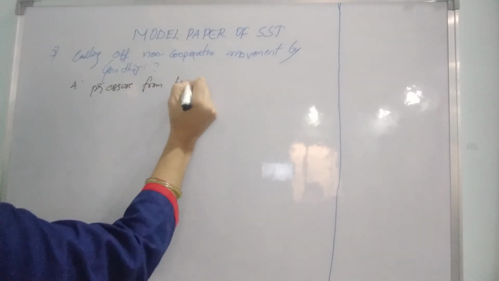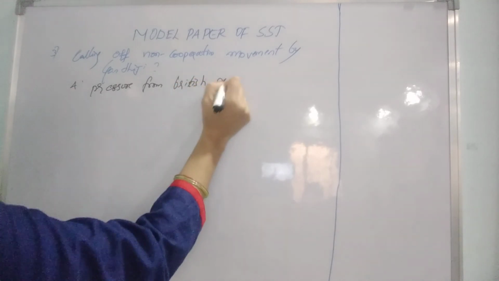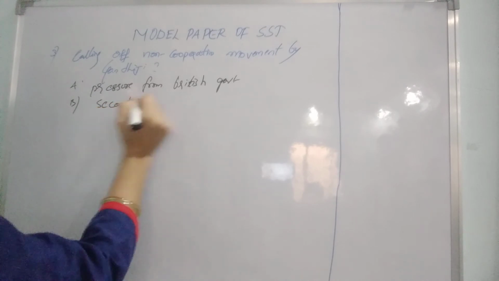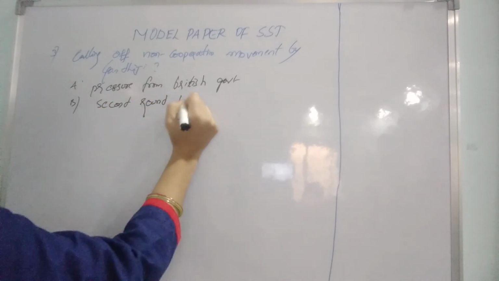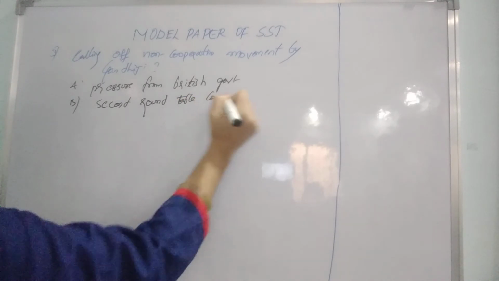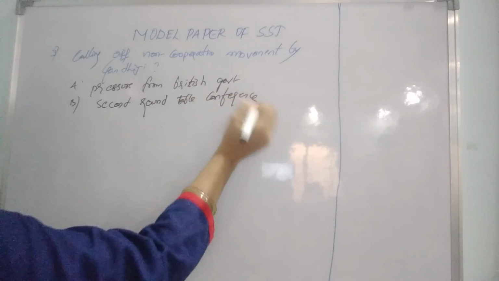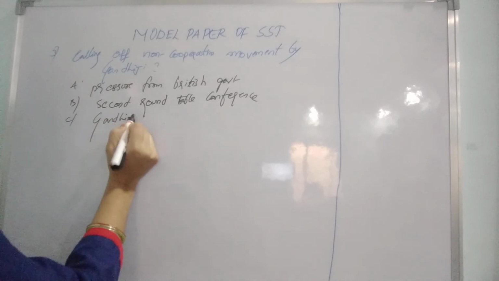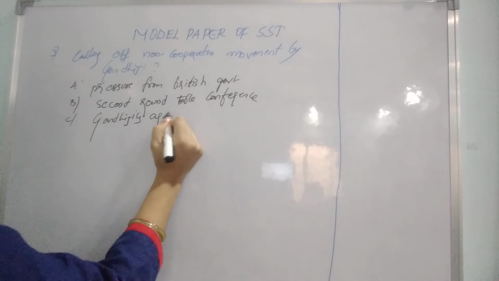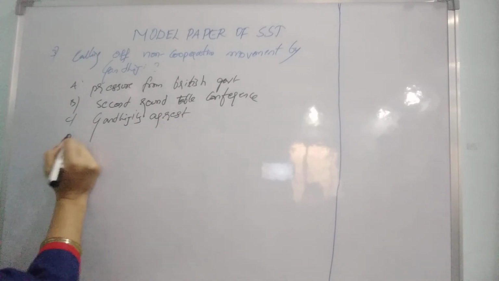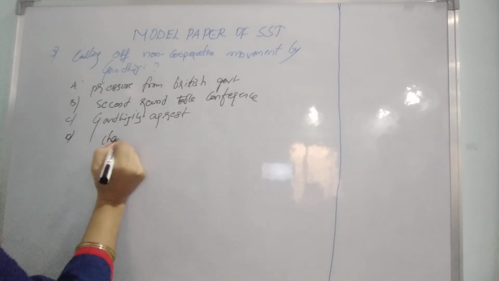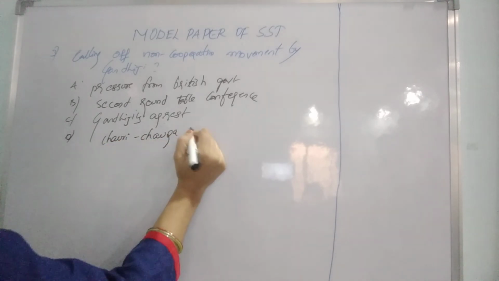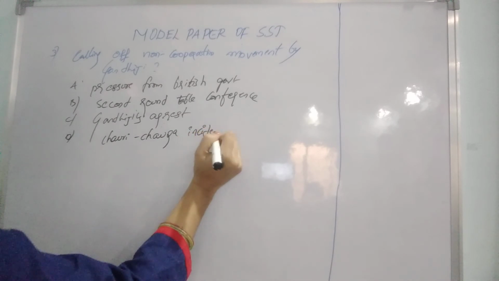The next option is Second Round Table Conference. Third, Gandhiji's arrest. The last option is the Chauri Chaura incident.